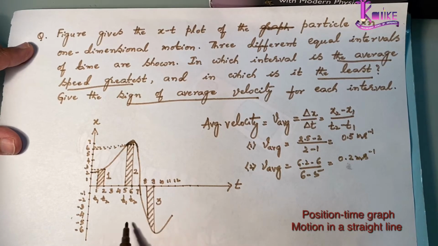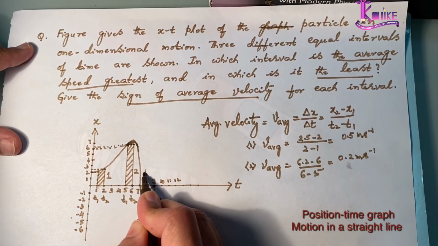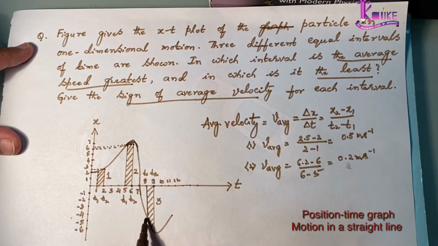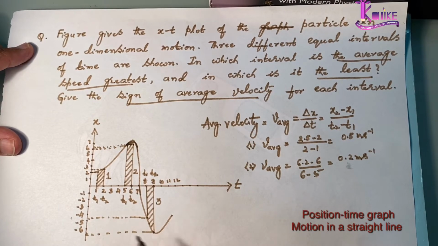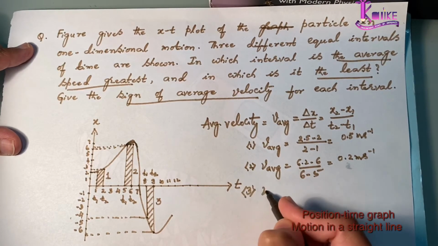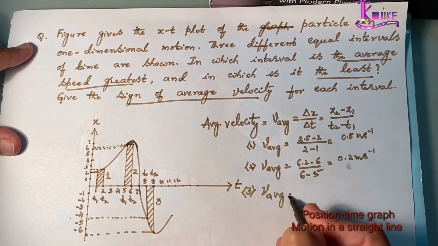Now in the third case, this becomes t1 and this becomes t2. So their corresponding values will be, this is a bit more than 6. So you have the third one, V average.